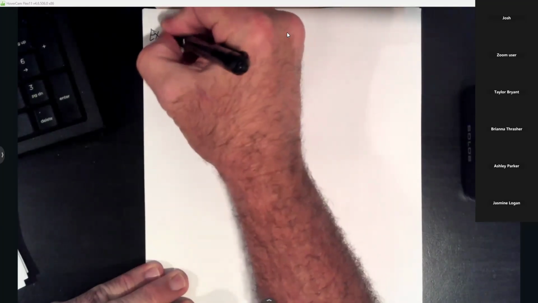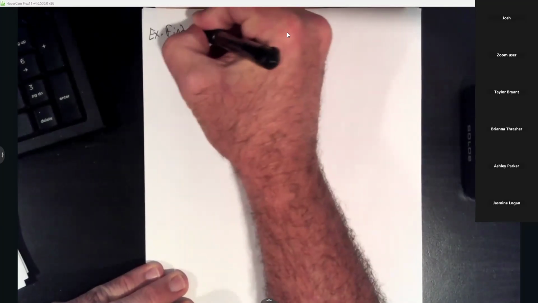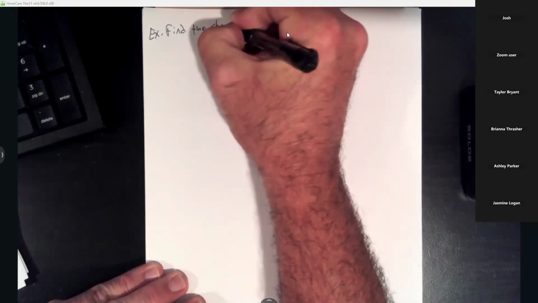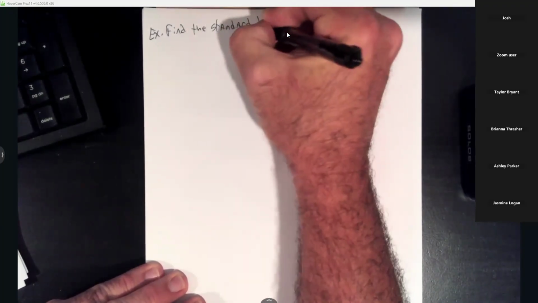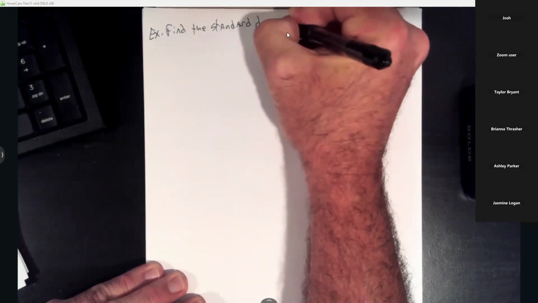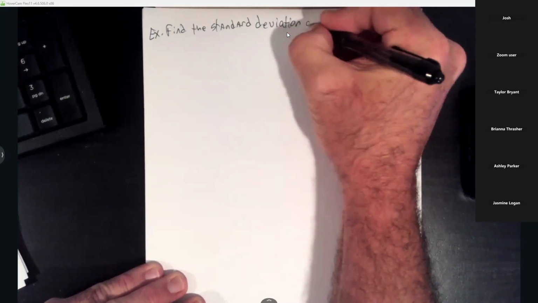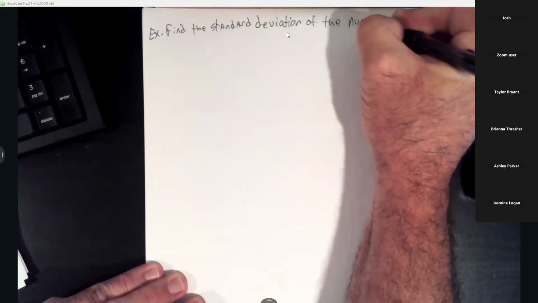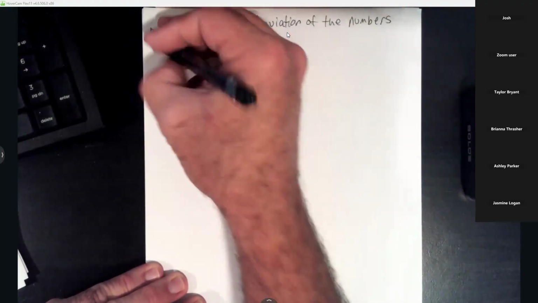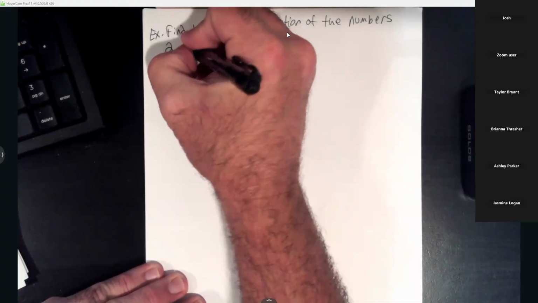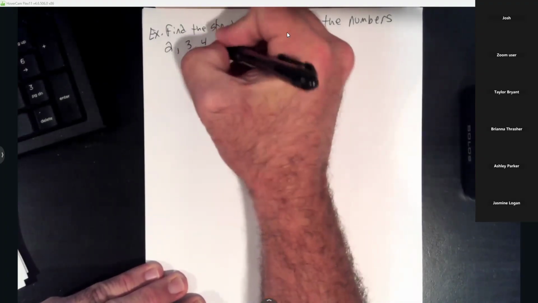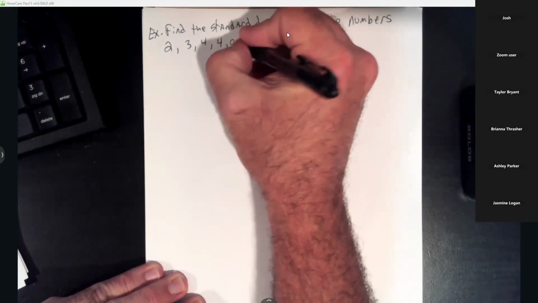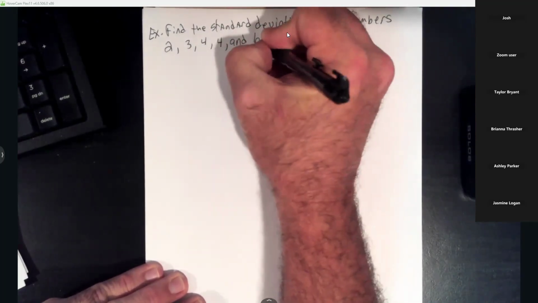So what I'm going to do here is find the standard deviation of the numbers 2, 3, 4, 4, and 6.